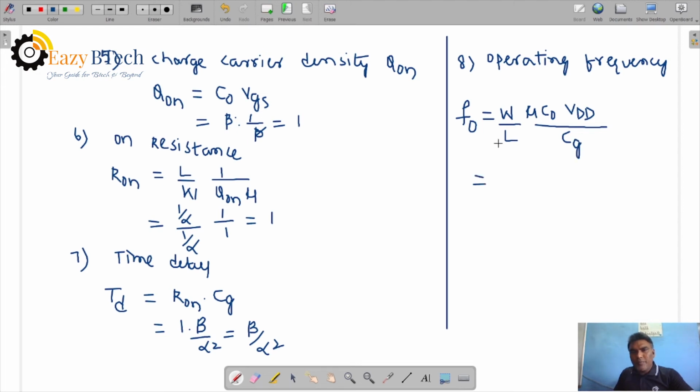So W, the width of the polysilicon, is scaled by 1 by alpha, the length of the channel is scaled by 1 by alpha, mu into C naught is scaled by beta, VDD is scaled by 1 by beta, and CG is scaled by beta by alpha square. You see, alpha and alpha will be cancelled out, beta will be cancelled out. So operating frequency F naught is scaled by alpha square by beta square, right?